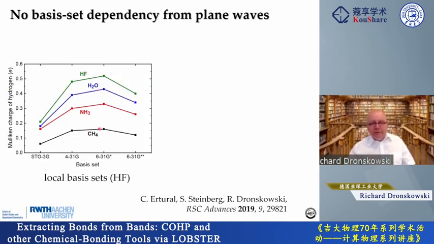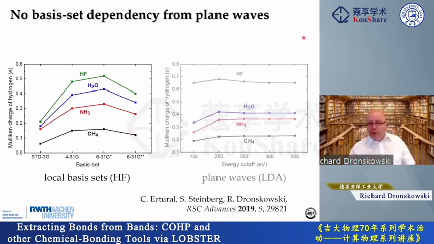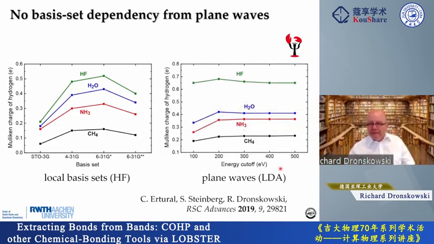And of course, they differ from each other because in hydrogen fluoride, the hydrogen atom will be more strongly charged than in methane, for example. But as a function of the quality of the atomic orbital basis set, there's some basis set dependency. But this is no longer the case in plane waves, because plane waves are not local, they are delocalized.